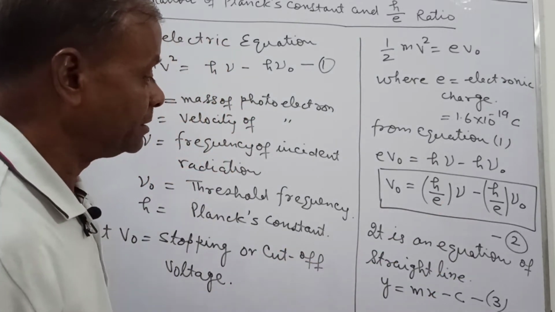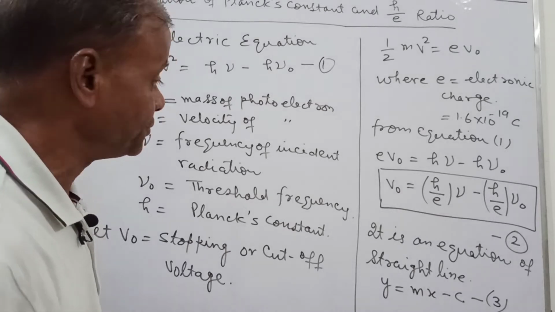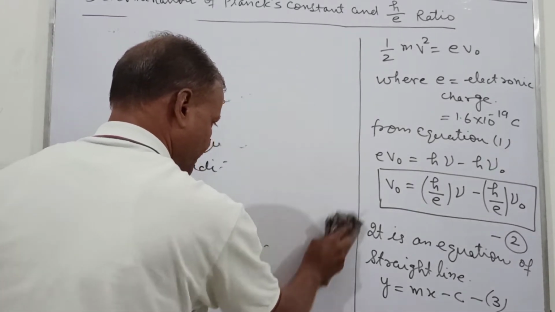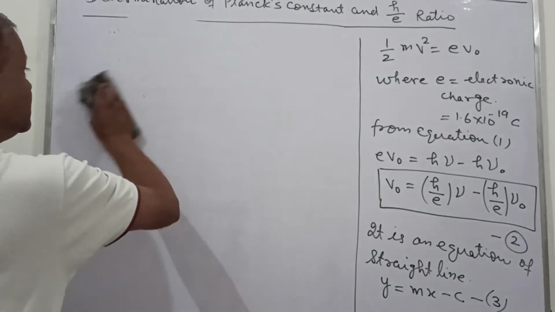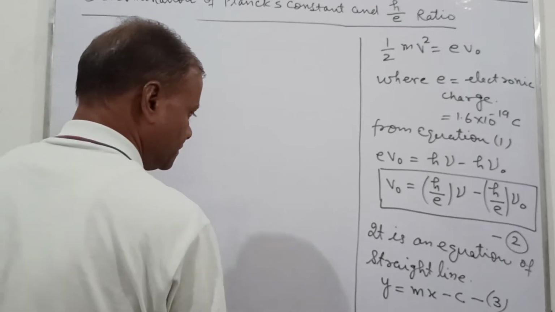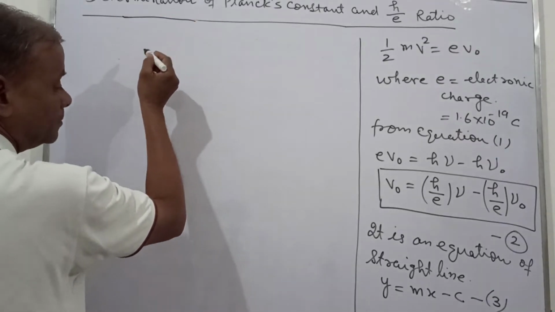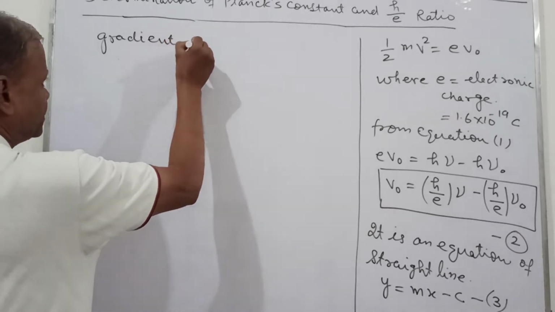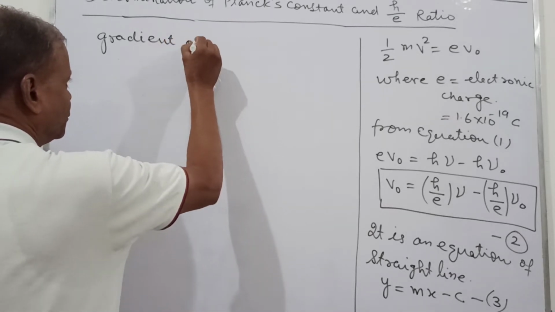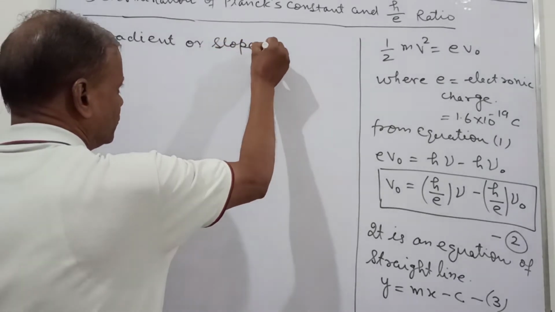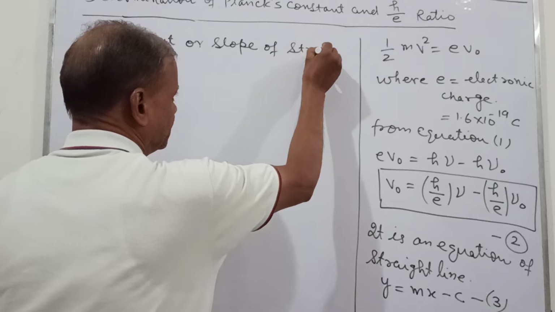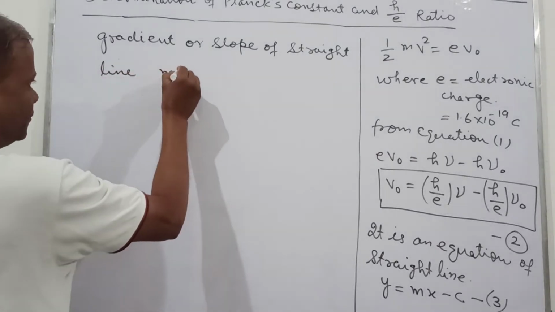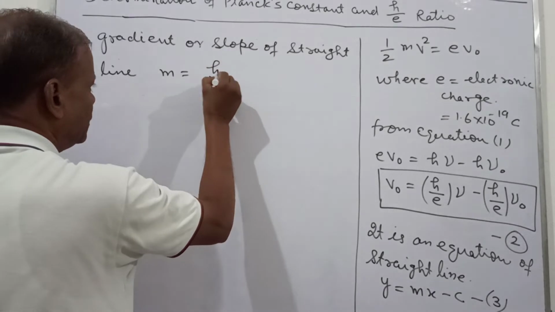So it means that the gradient or slope of the straight line m equal to h upon e.